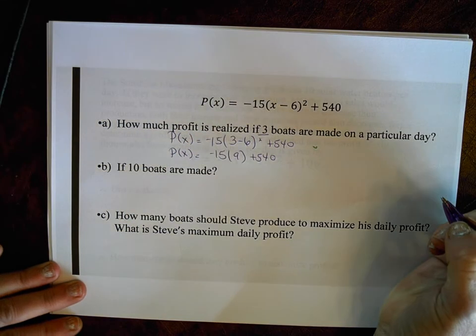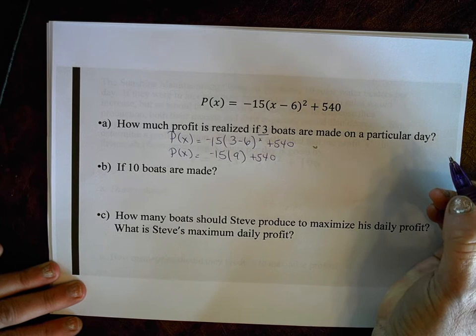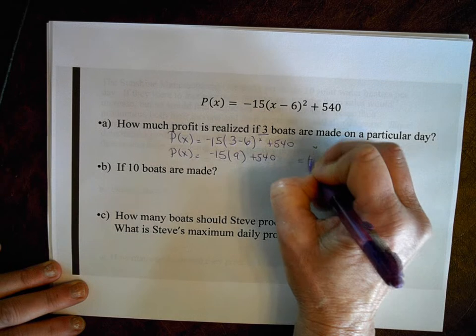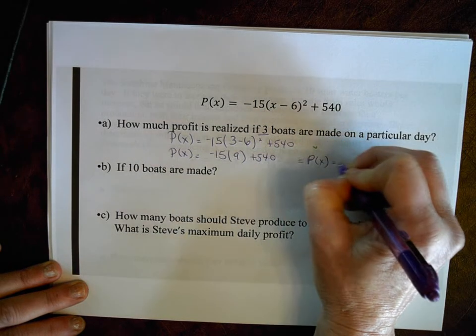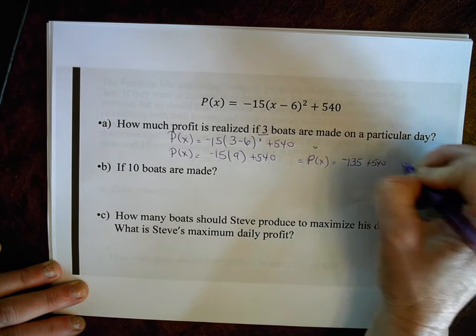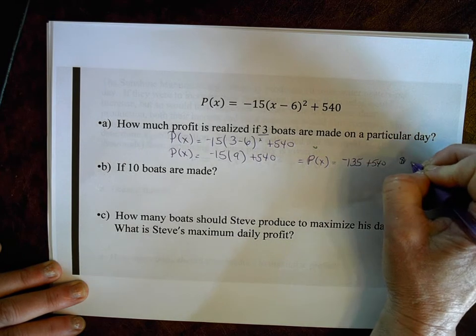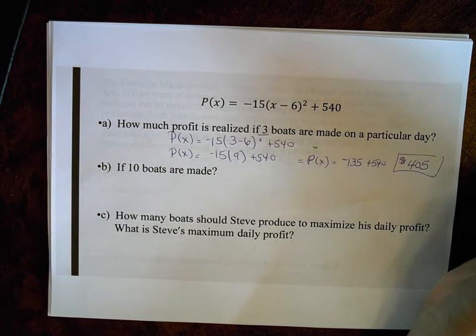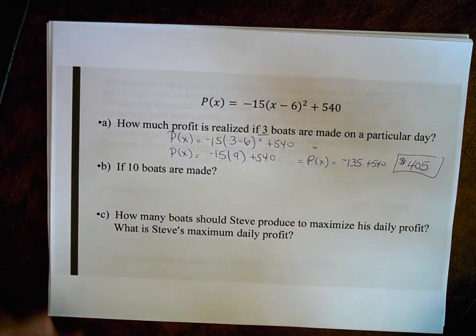And negative 15 times 9, oh, yeah, sorry, times 9 is negative 135. Negative 135 plus 540. So if they made only 3 boats, they would make $450. That's probably per boat, I would assume, not $450 for the whole thing.